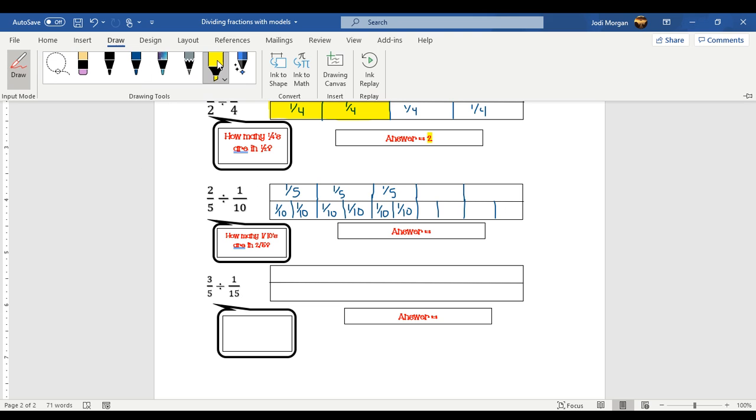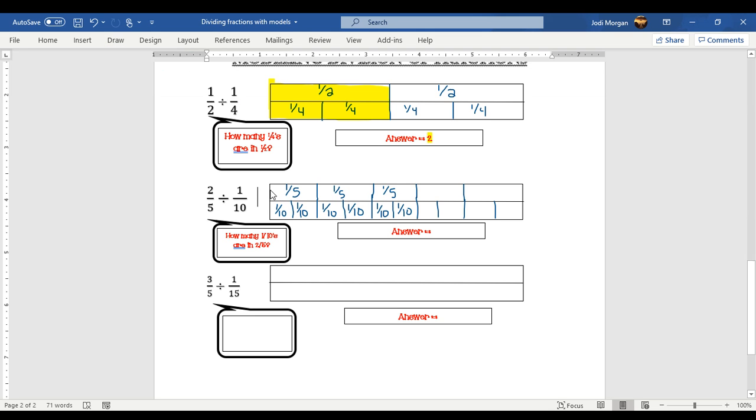All right, back to our question. I'm going to get my highlighter tool. How many of these tenths are in 2 of the fifths? I want to start by highlighting 2 of those fifths. That way I know what I'm talking about. When you highlight it, you can really see what it is that you're working with. It just helps you to see it a lot better, or it does for me.